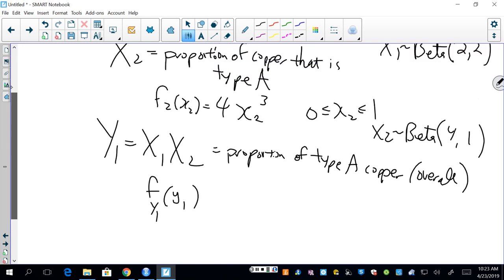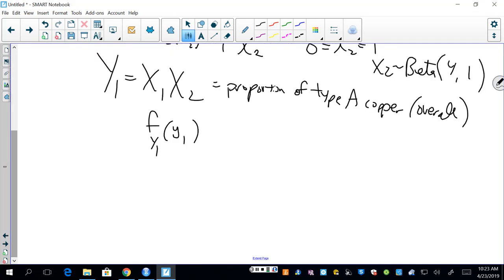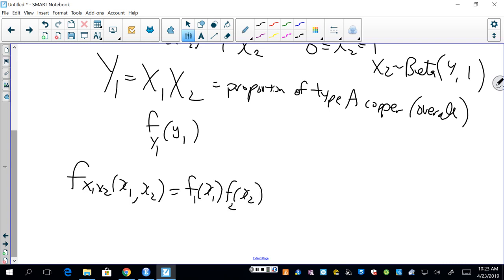If these two things are independent of one another, then the joint density of the x's would be the product of those two things, the f of x1 times the f of x2. For this first and second one, if you multiply those things together, you're going to get 24 x1, 1 minus x1 times x2 cubed. But we want the distribution in terms of the y's.